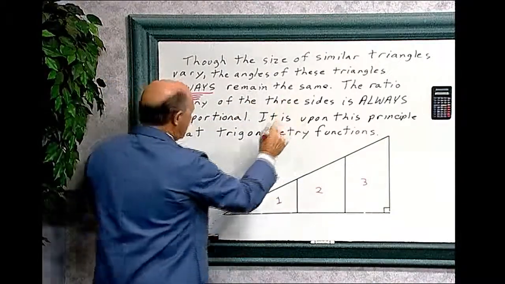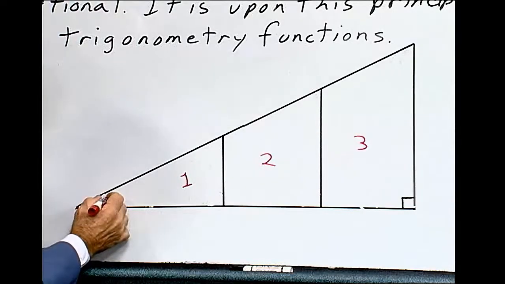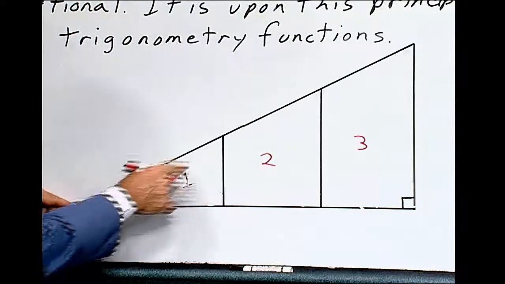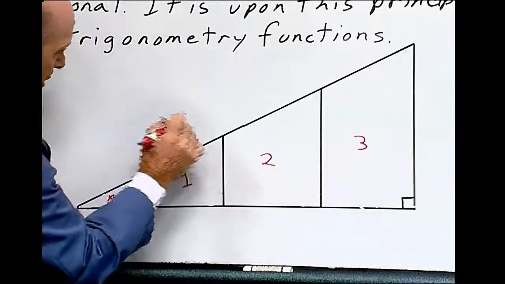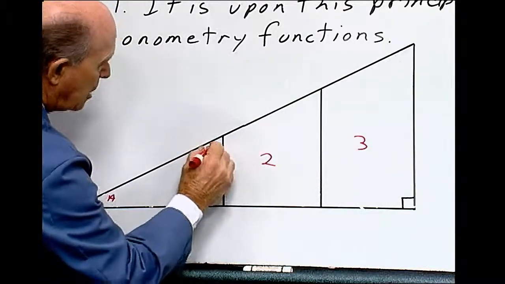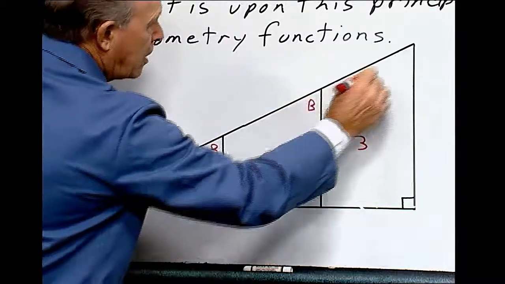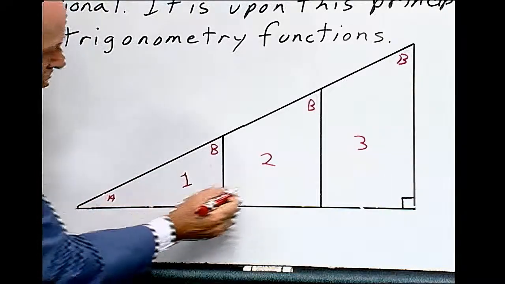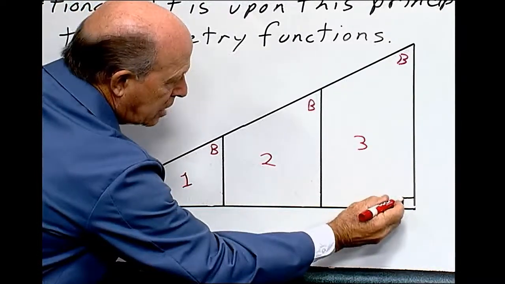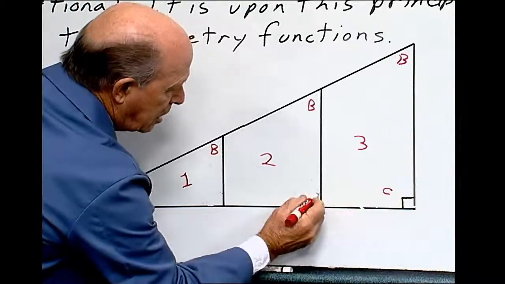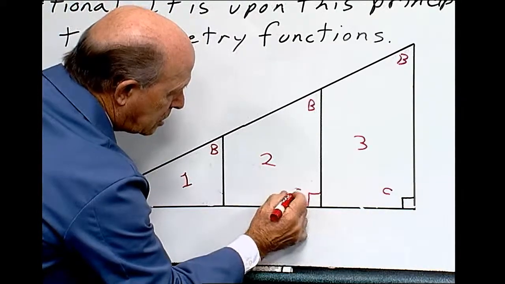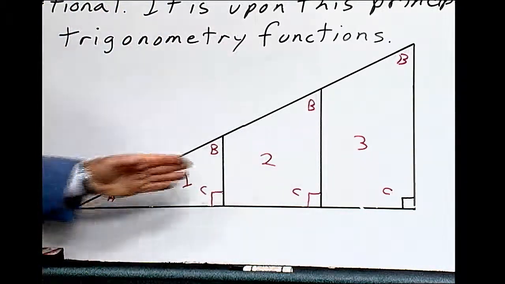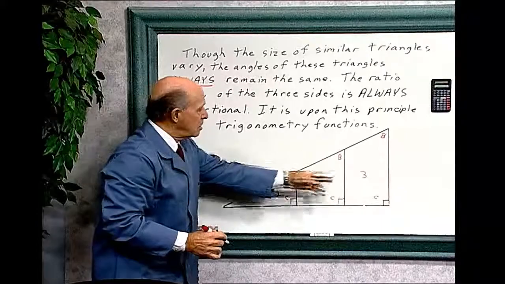remain the same. These angles, so this is angle A, obviously, they all have this same angle here, but this angle also, B, is the same as this B angle and as this B angle. And this angle over here, we know that this is 90 degrees. We'll label that as C. There's another 90 here, which is C. And this is 90, which is C. So now these are similar triangles, so all the angles are the same.